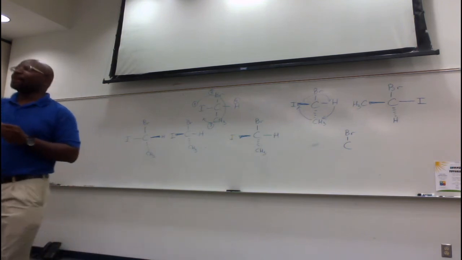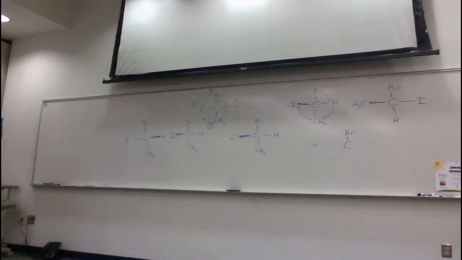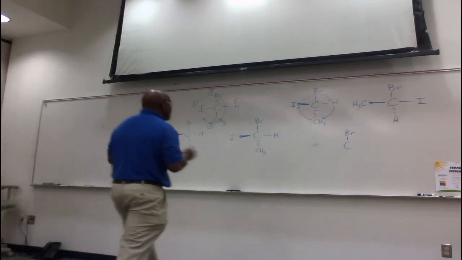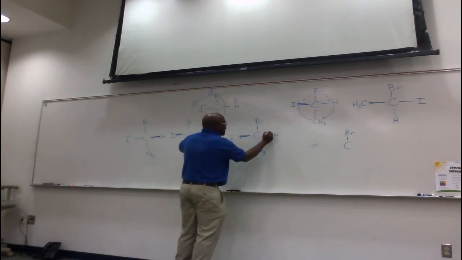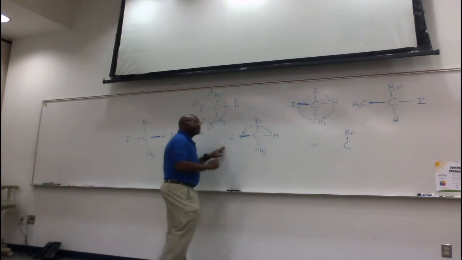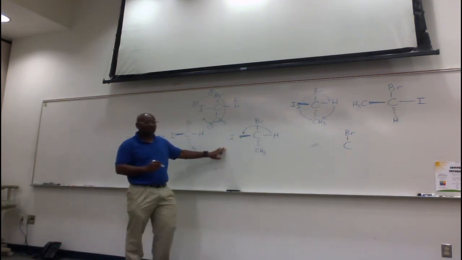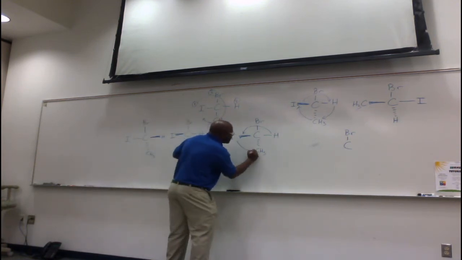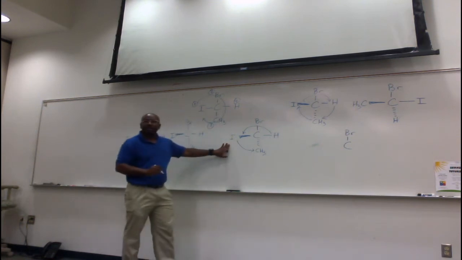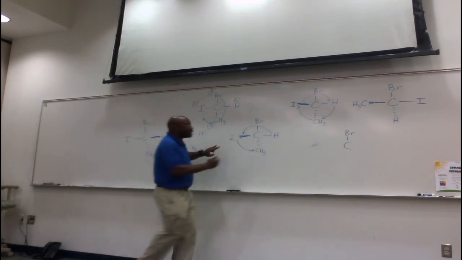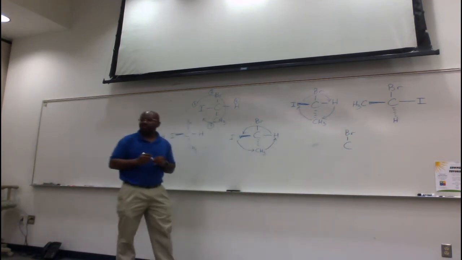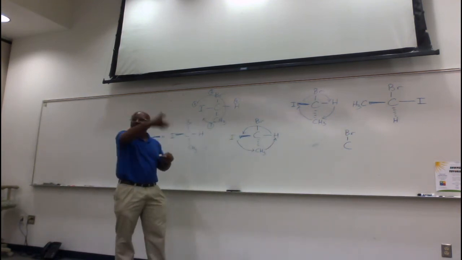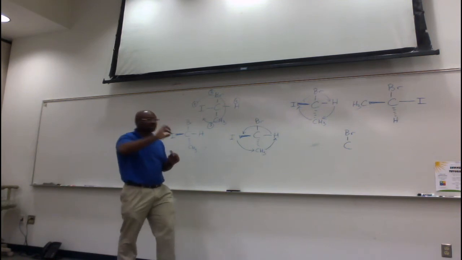Again, I'm going to lock my carbon and my bromine bond, and I'm going to rotate the other groups. This time I'm going to rotate my hydrogen atom to where the I is located. I is going to dip down to where the CH3 group is located, and CH3 will go to where the H is located. All you need to do is rotate the groups. When you move one, all the rest are going to move too.